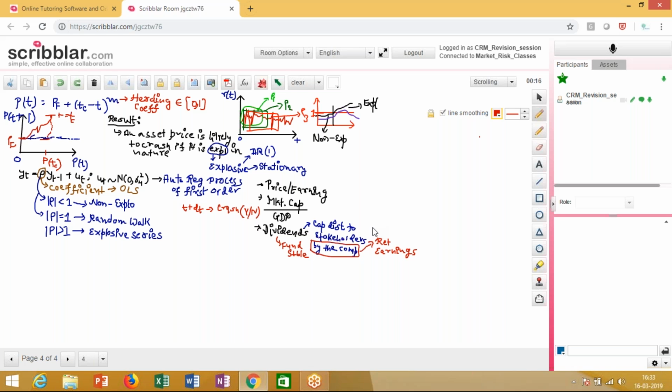So we're looking into the dividend payment structure patterns, right? So we can actually identify how likely it is that this asset price or this company is going to crash in the future and so on.